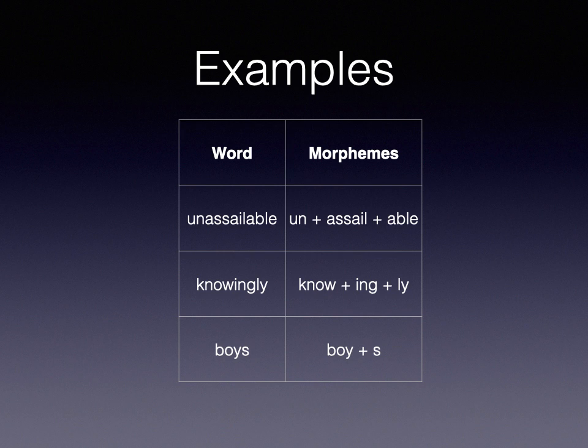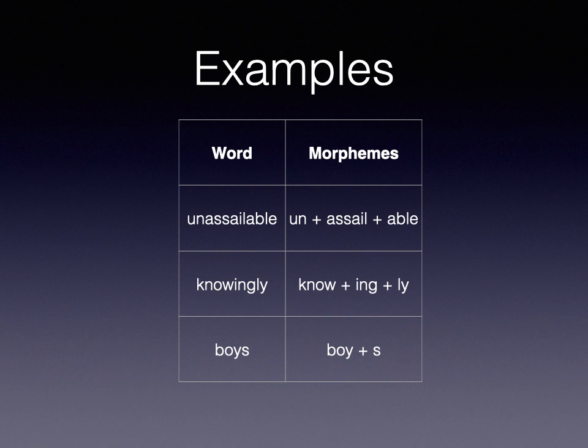Now look at the last word, boys. This is interesting. It's a very small word, and sometimes you might think it cannot be split any further, but it can actually be split into two: boy plus s. Boy is a boy. And what is this s doing?